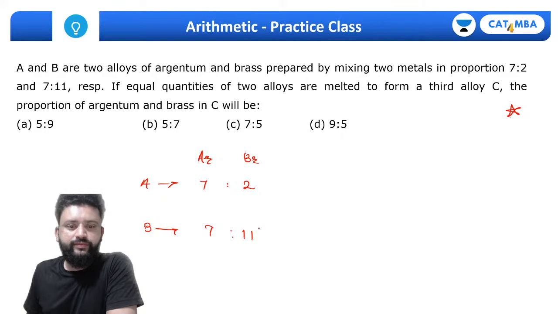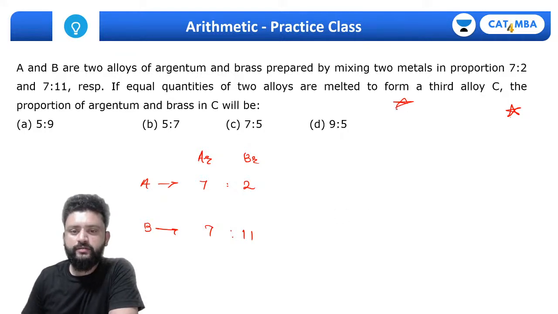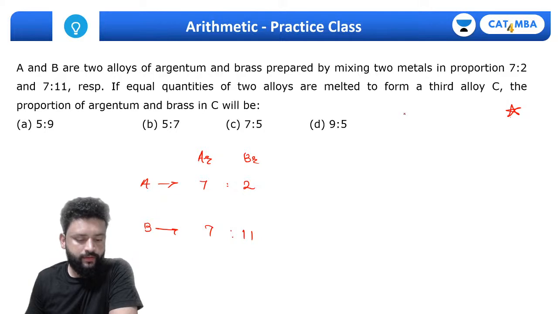No, it's not 2:5. Ashish, you are talking about this question, right? Mega is getting C. Okay.